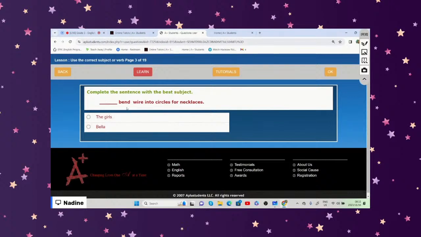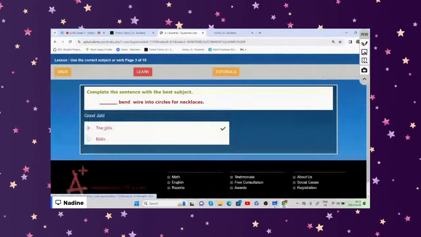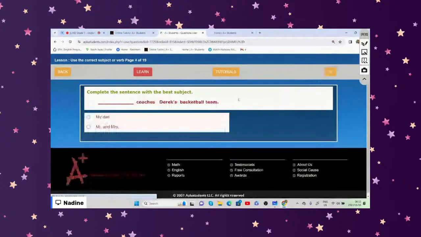So if it's bend, then it means the girls, not Bella, sorry. So the girls bend wire into circles for Nicholas. Well done.